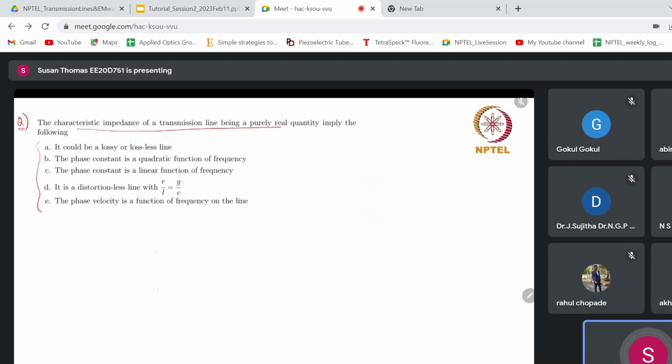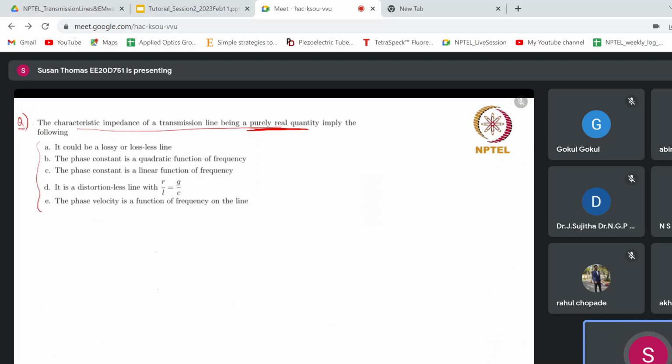The statement is: characteristic impedance of a transmission line being purely real. What does it imply? Does it imply A, B, C, D, E? So we need to go through each statement and see whether it implies the same.